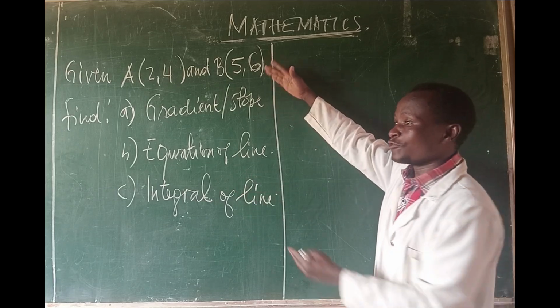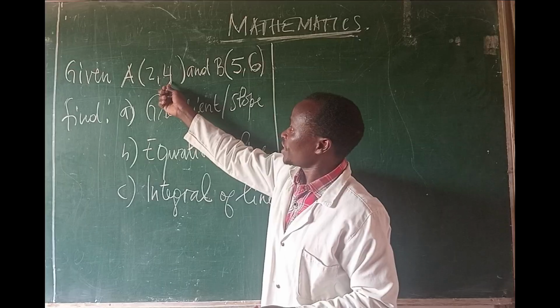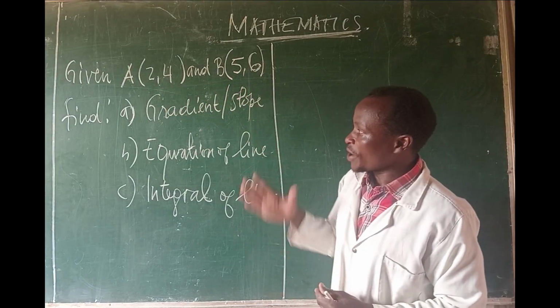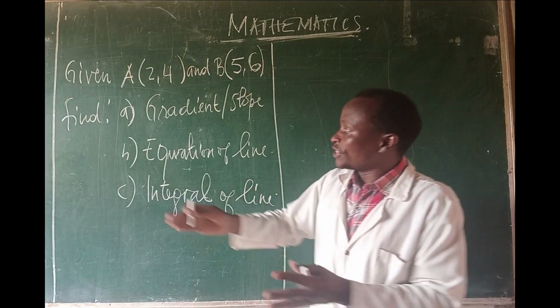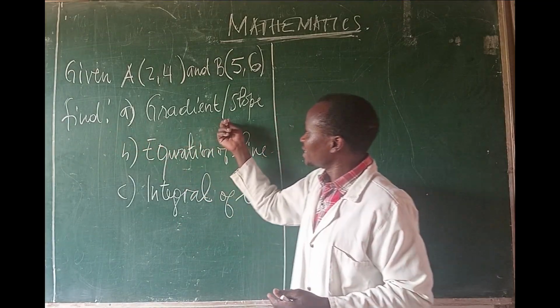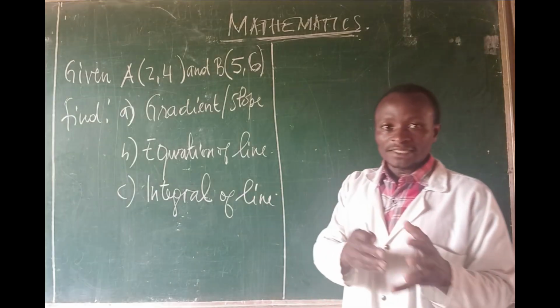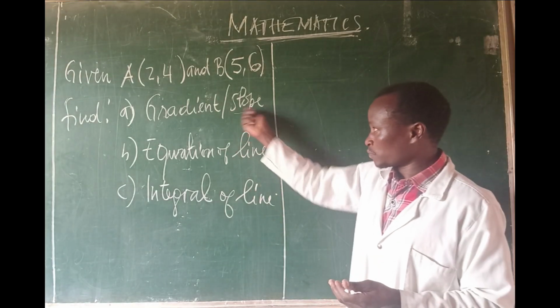You see what we have been given, right? We have been given point A and point B, and we have been asked, in sub-question A, to find the gradient. In mathematics, gradient is similar to slope, right?